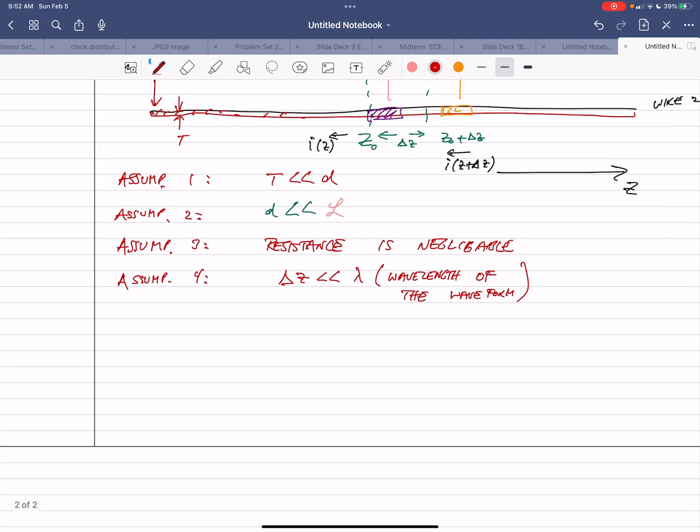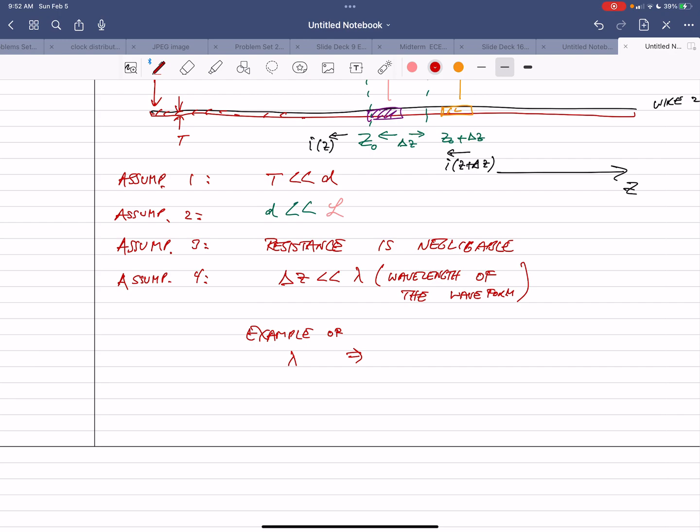Well, let's say the waveform that you have is, I don't know what's a good number, 10 megahertz. So, example of lambda.